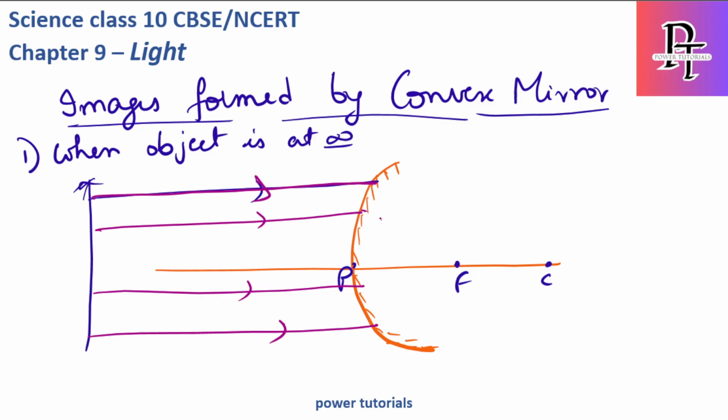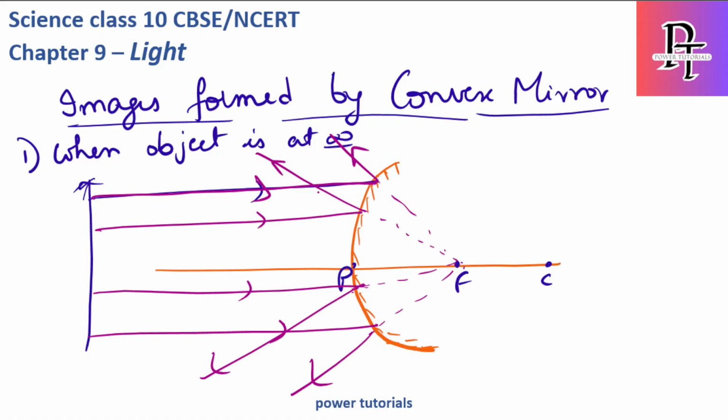So just an imaginary dotted line, this will get reflected in this way, imaginary line again dotted, this way, and this will get reflected. Here these lines cannot intersect at any point, so we have to draw them backward, and somewhere exactly at the focus they will all converge.